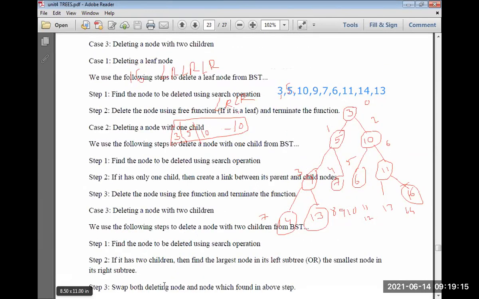One minute, students. I am looking for AVL trees. Wait a minute, students.